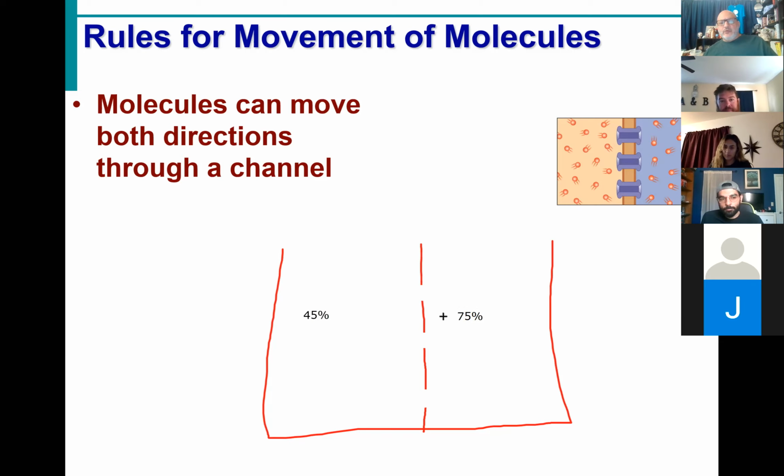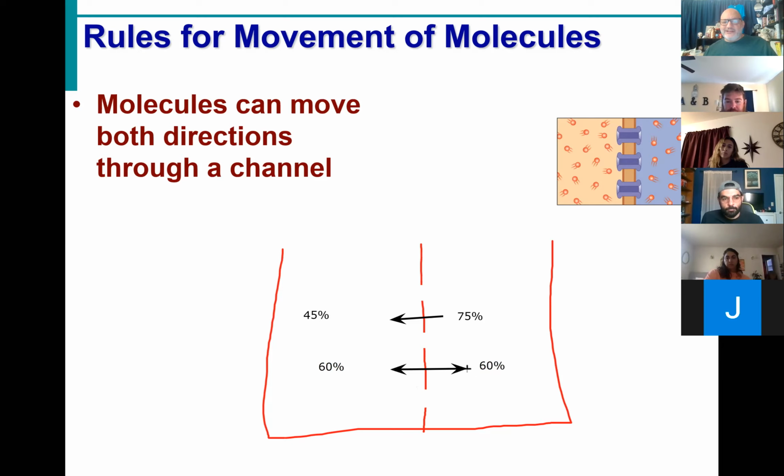Equilibrium. Well, what would equilibrium be at this point? 60%. Both sides? Exactly. 60% on this side, 60% on this side. At that point, does the movement stop? There's not going to be any net change after that point. Exactly.